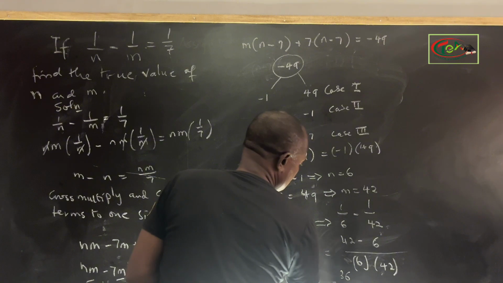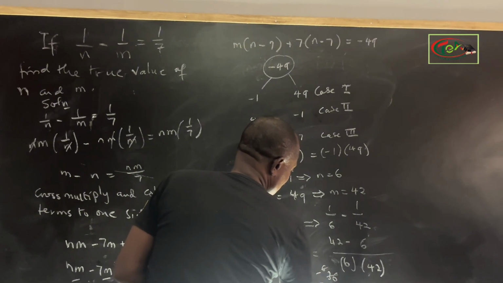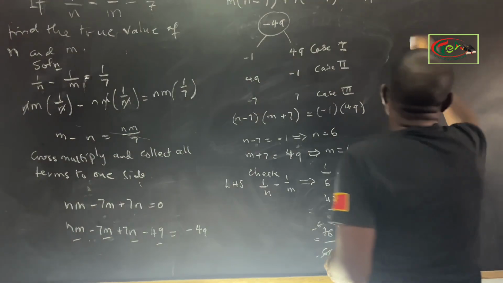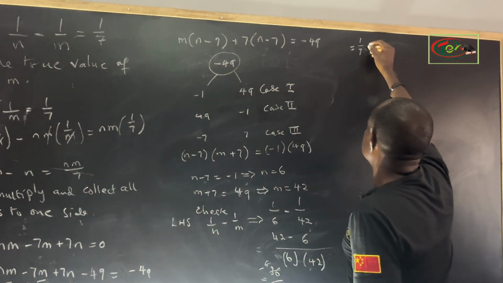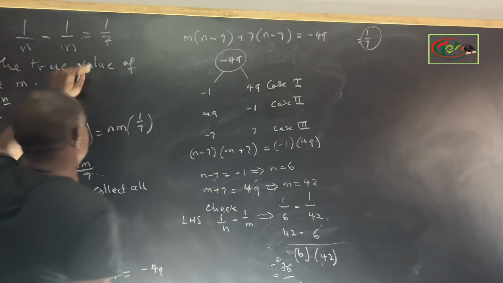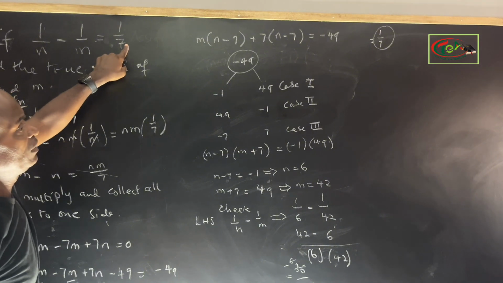So 6 here is 1, 6 here is 6, 6 here is 1, and 6 here is 7. So the result gives us 1 over 7, which is a satisfactory result for the given value of 1 over 7.